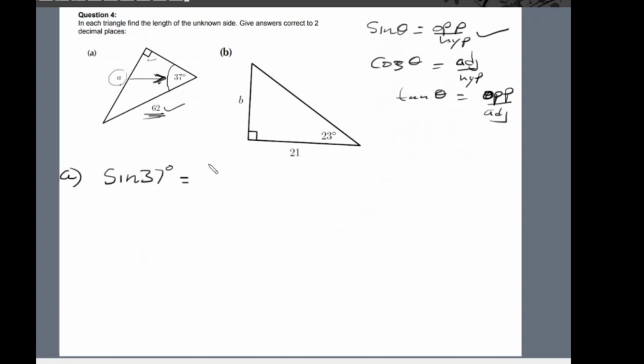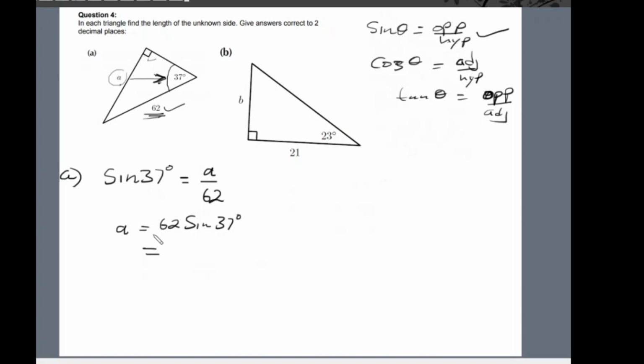this is equals to opposite over hypotenuse, right? The opposite side is a, which we want to solve for, the hypotenuse is 62. So solving for a, multiply both sides by 62, so we find that a is equals to 62 sine 37 degrees.